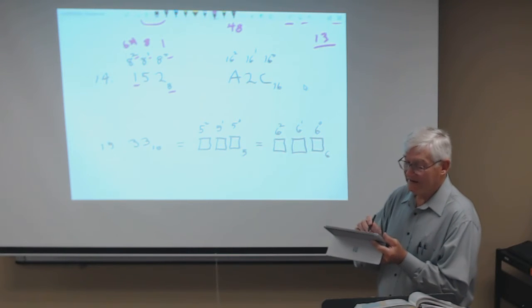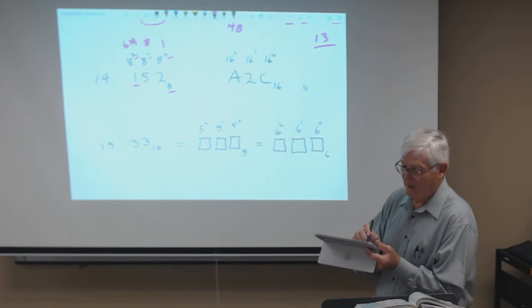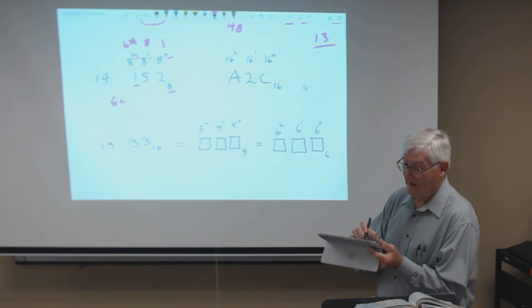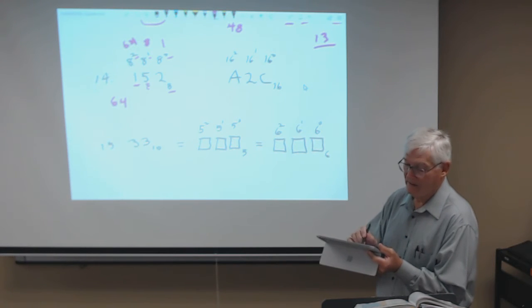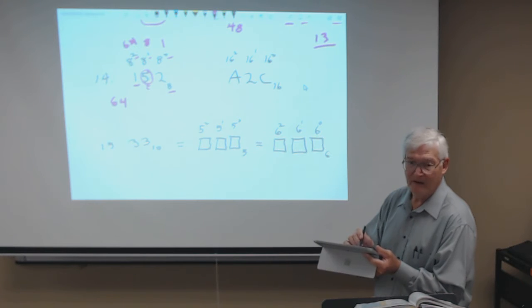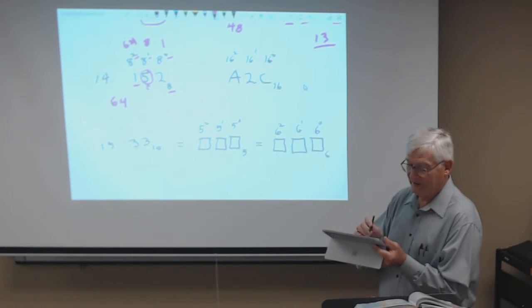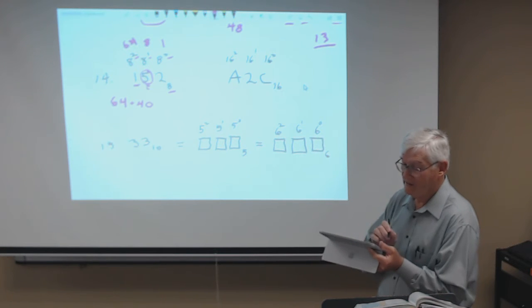So, how many 64s do I have? 1 64. How many 8s do I have? How many 8s? 5. What's 5 8s in decimal? 40.